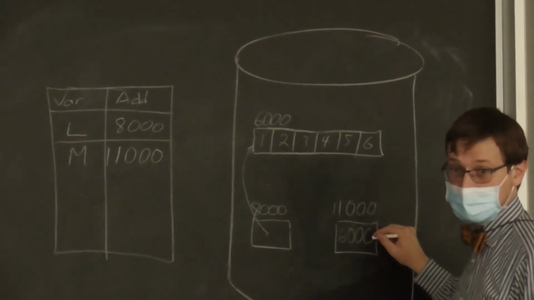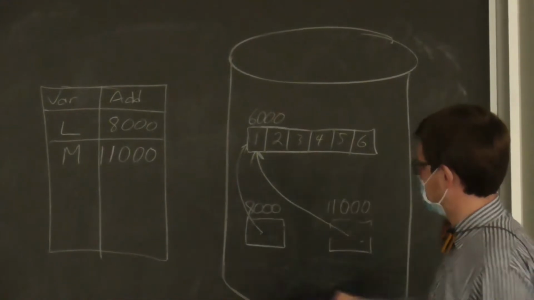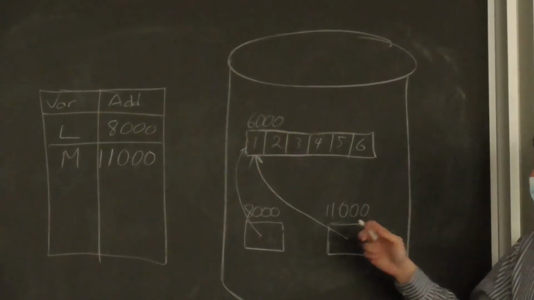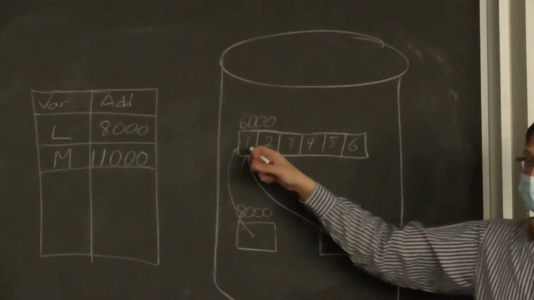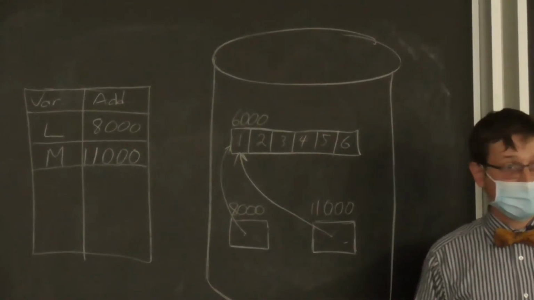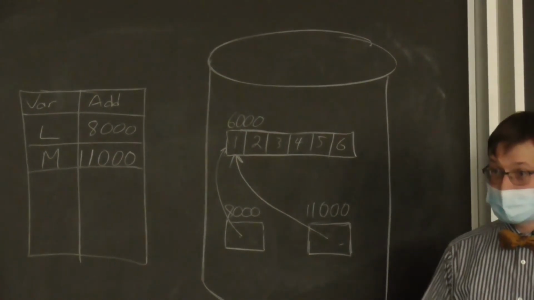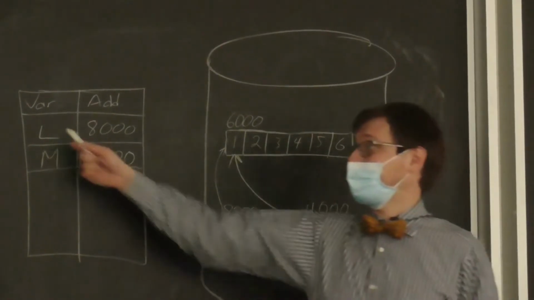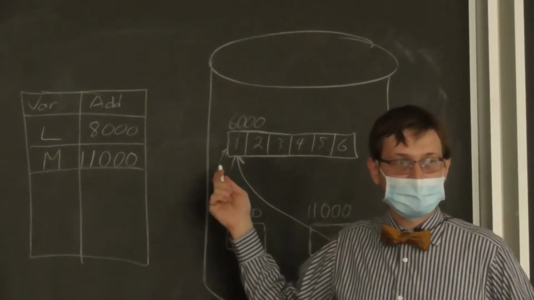That's a pointer to the same data structure. Because M points to the same region of memory that L does, any modifications which are made to L are also made to M. Thus, we say that L and M alias the same memory.